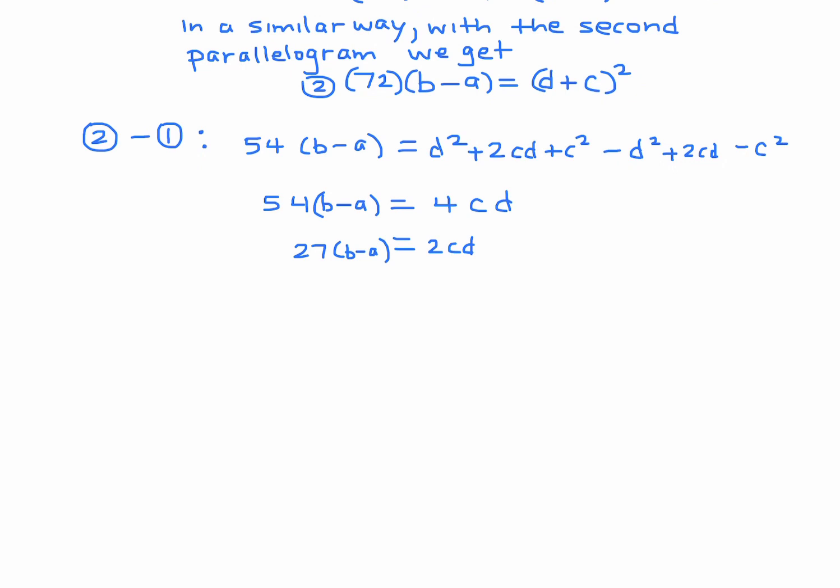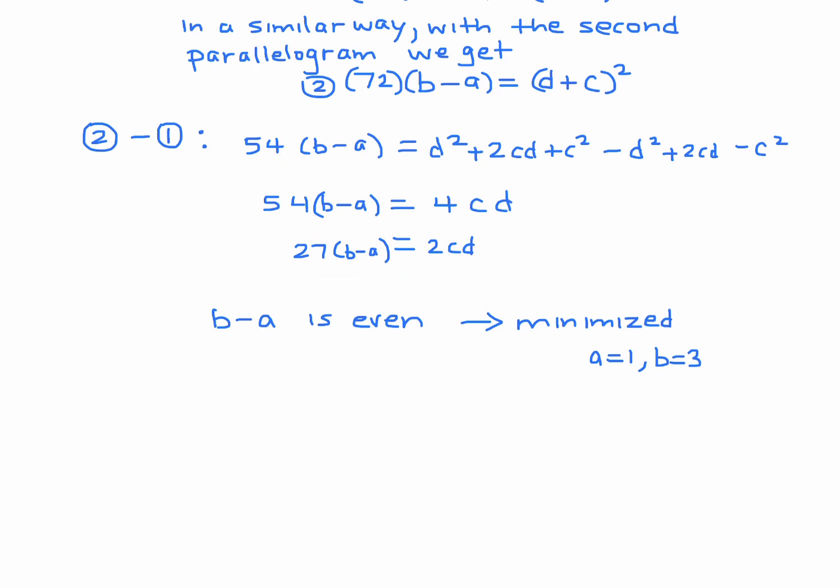So this basically means that b minus a is even because it's equal to 2 times something. So that means if we want to minimize, we can let a equal to 1 and b equal to 3. If we do that, b minus a becomes 2, and that's the smallest possible value because we're interested in the smallest possible value of a, b, c, and d.